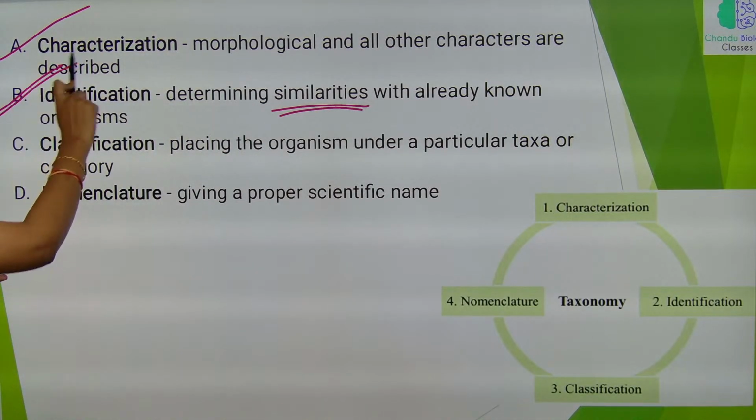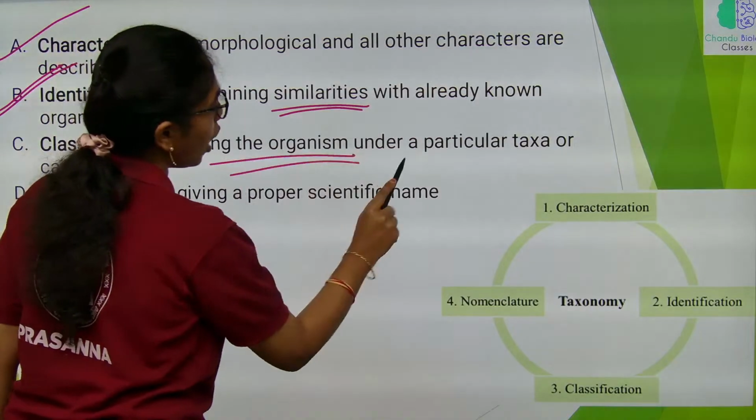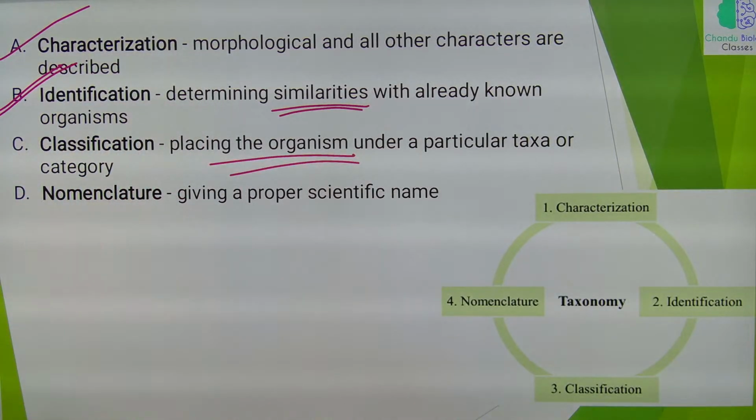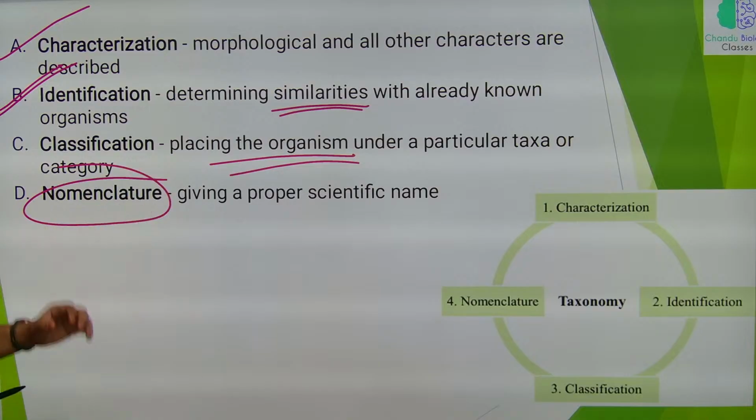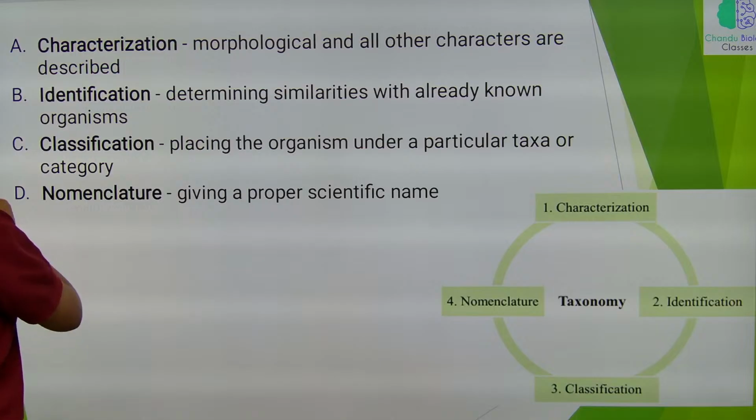That will help in identifying any organism by comparing with previously identified organisms. Classification is nothing but placing the organisms under a particular taxa or category. Nomenclature is giving a proper scientific name. Okay? So these are the components of taxonomy.